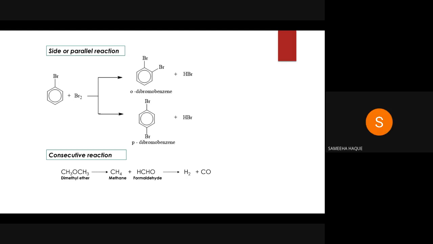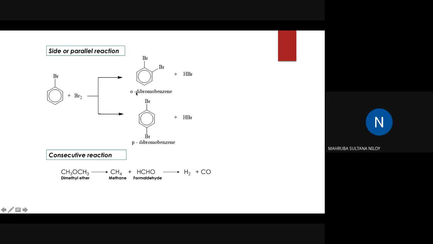So bromobenzene reacted with bromine to form two products. It can form either O dibromobenzene plus HBr or P dibromobenzene plus HBr.